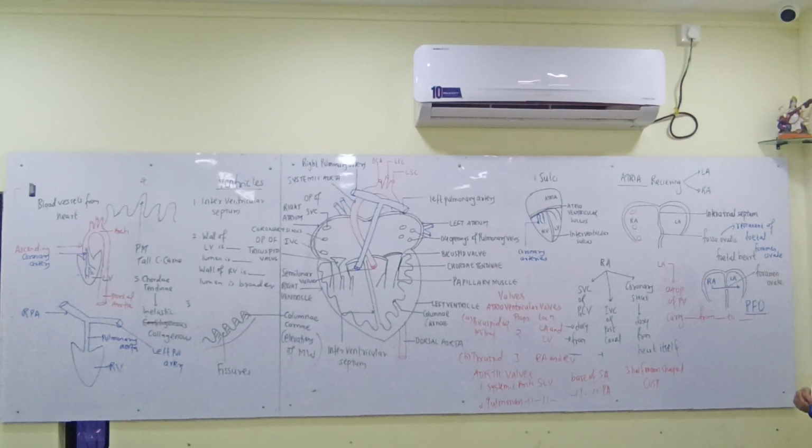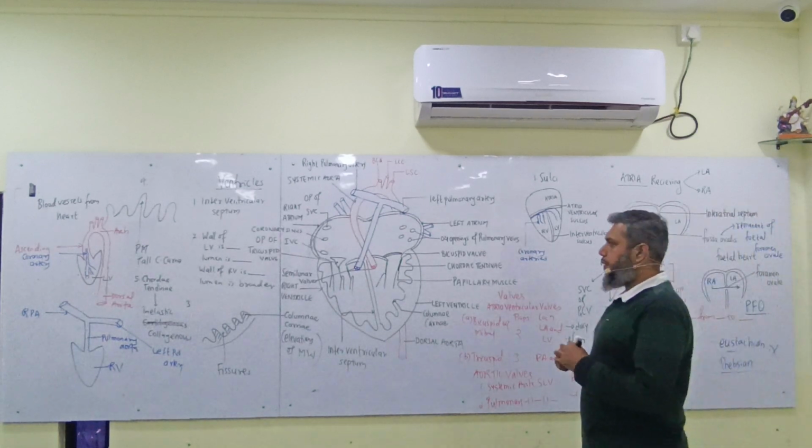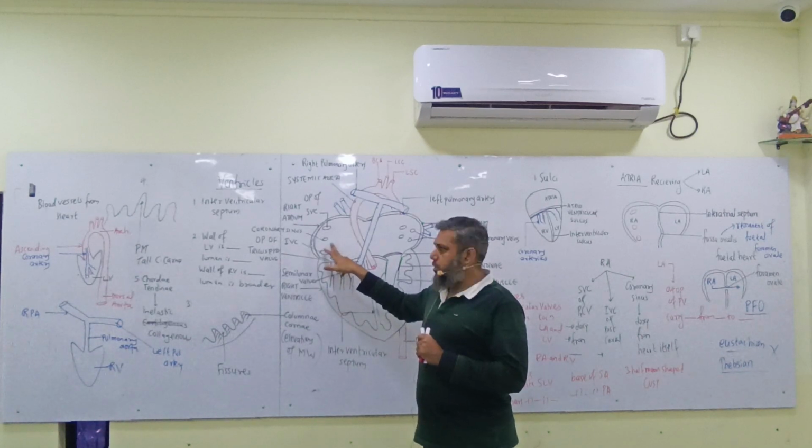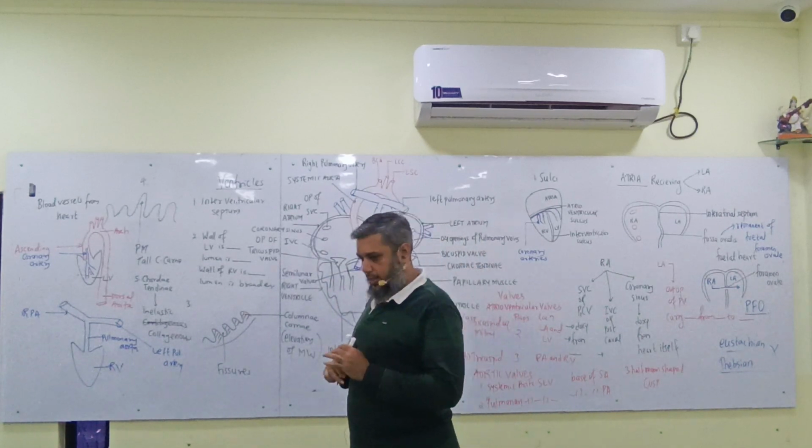Other than that, some extra valves, while solving MCQs, you may read in the options. They are eustachian valve and the Thebesian valve. No need to learn their names as of now. Okay, क्या नाम है उसका? Eustachian valve and the Thebesian valve, which is present, eustachian on the inferior vena cava and Thebesian on the coronary sinus.